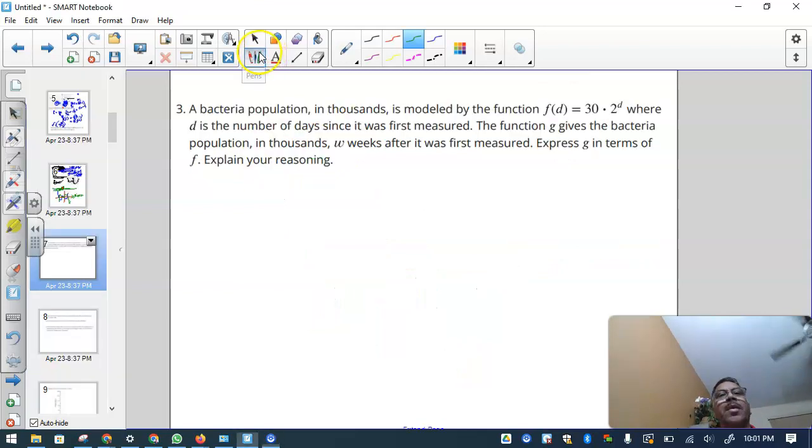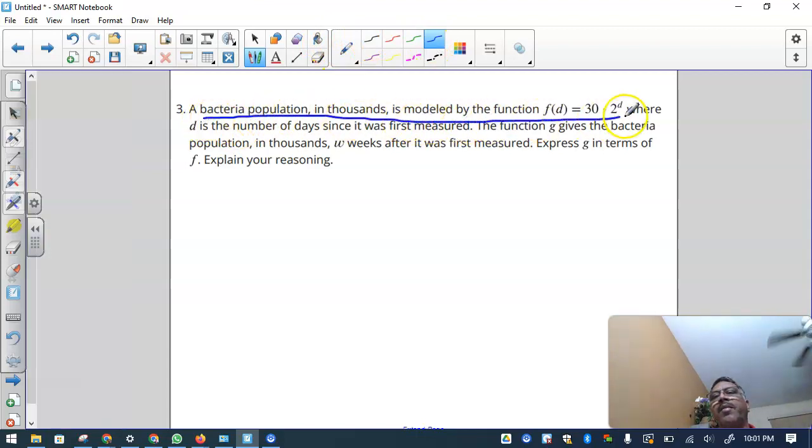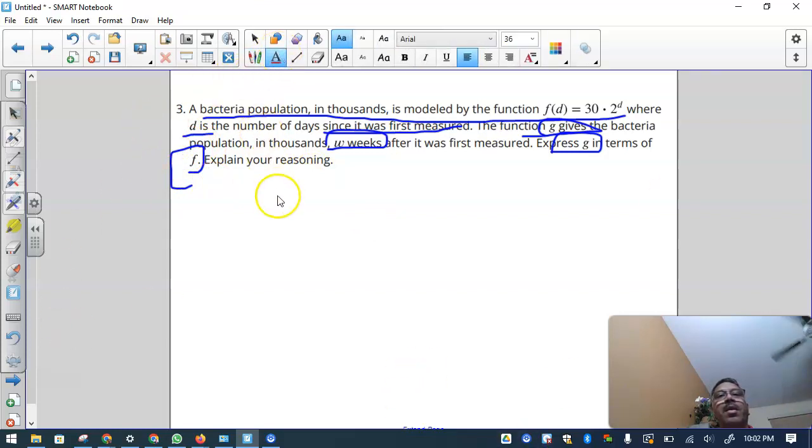Hope that helps. Okay, now this problem: the bacteria population, in thousands, is given by this, and D is the number of days since the first measure. The function G is the new one of bacteria population, given in weeks from the time it was measured. So you have to write G in terms of f. First of all, let me type it right here.